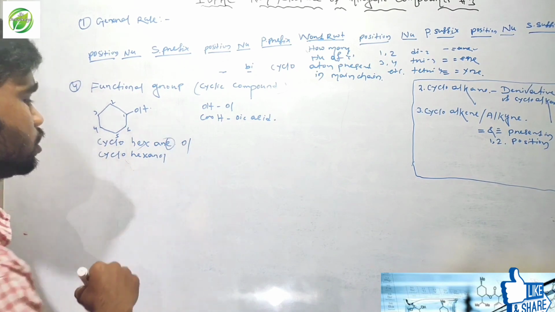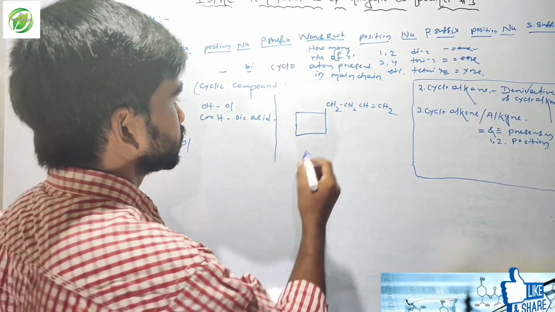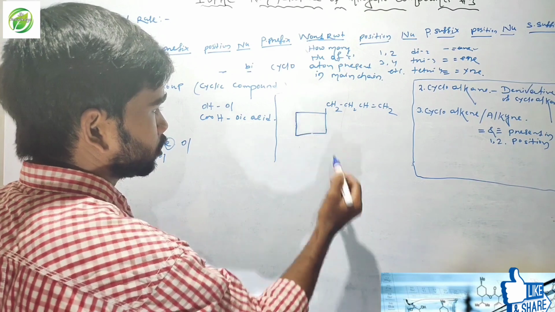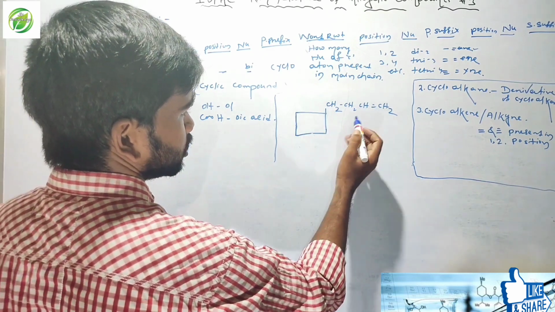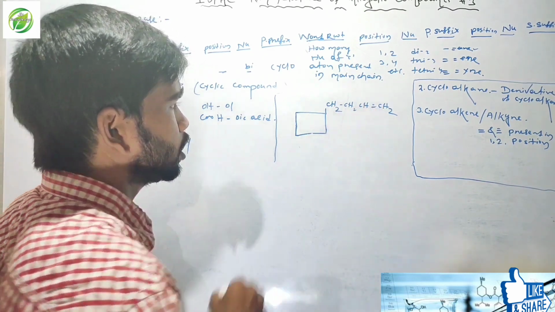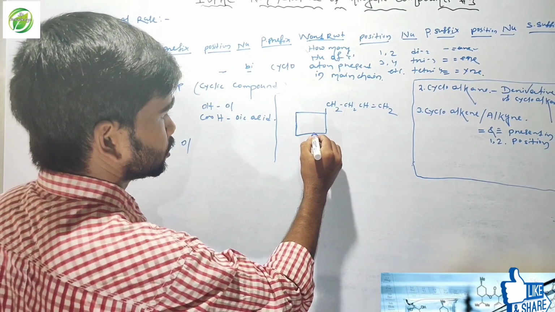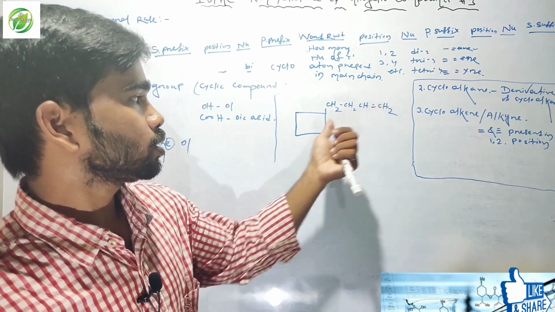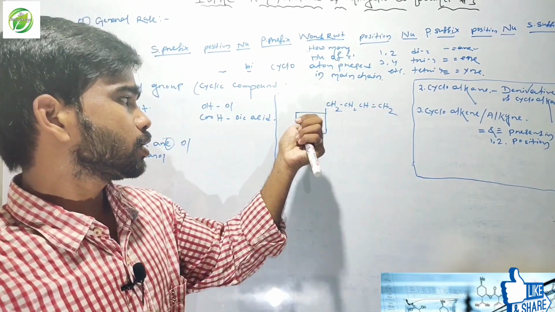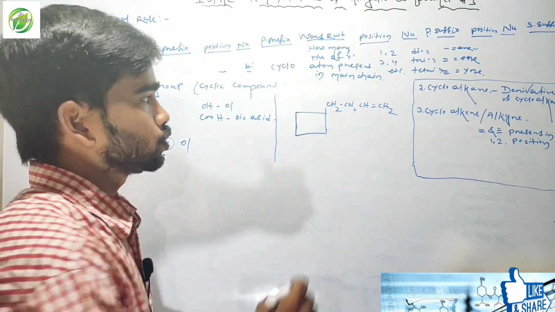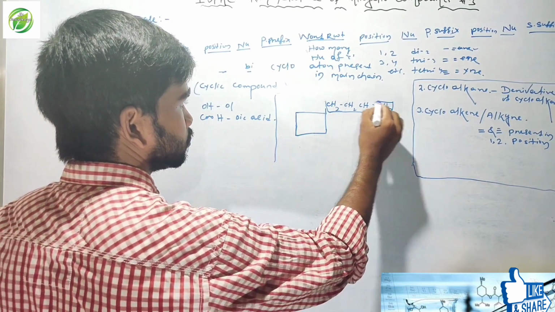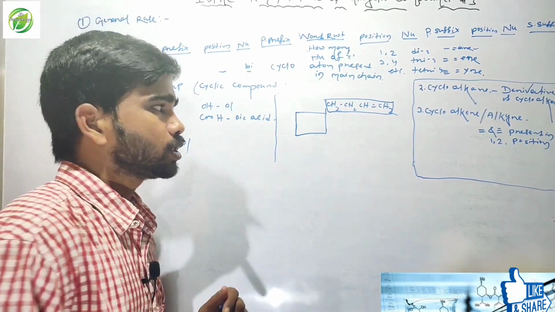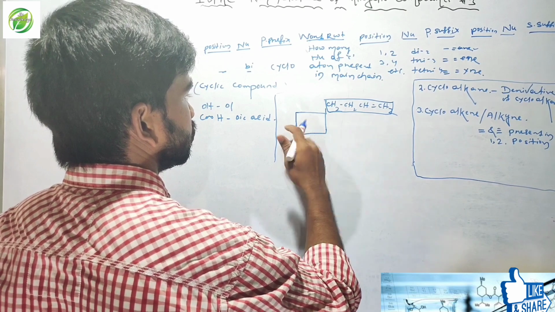We omit this E. Friends, in this case, this cyclic compound contains 1, 2, 3, 4 carbon atoms, and this open chain also contains 1, 2, 3, 4 carbon atoms. But friends, you clearly see this open chain contains one double bond, but in the cyclic case no double bond is present. So this is our main chain. We already discussed this in our previous lectures. So we start numbering.